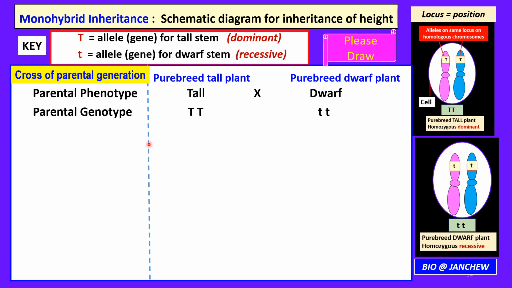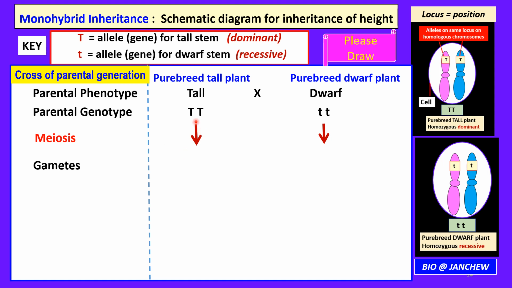Now, next, the process of meiosis occurs. So let's draw arrows pointing downwards, and what are the gametes produced? The gametes produced will have only how many alleles inside them?